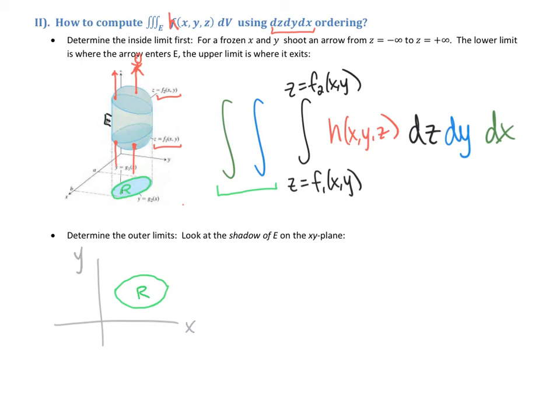And now to determine these limits, I'm going to be doing exactly what I was doing for double integrals over a region like this.